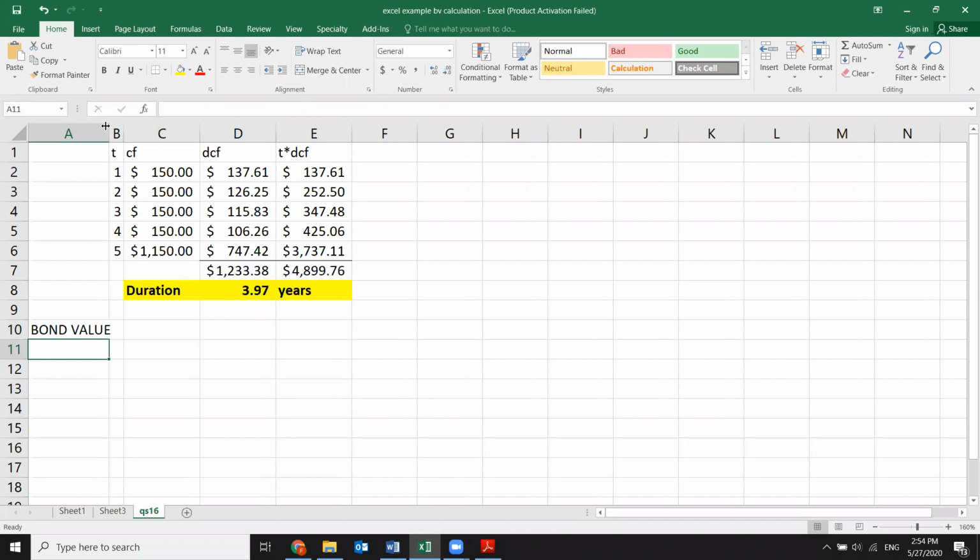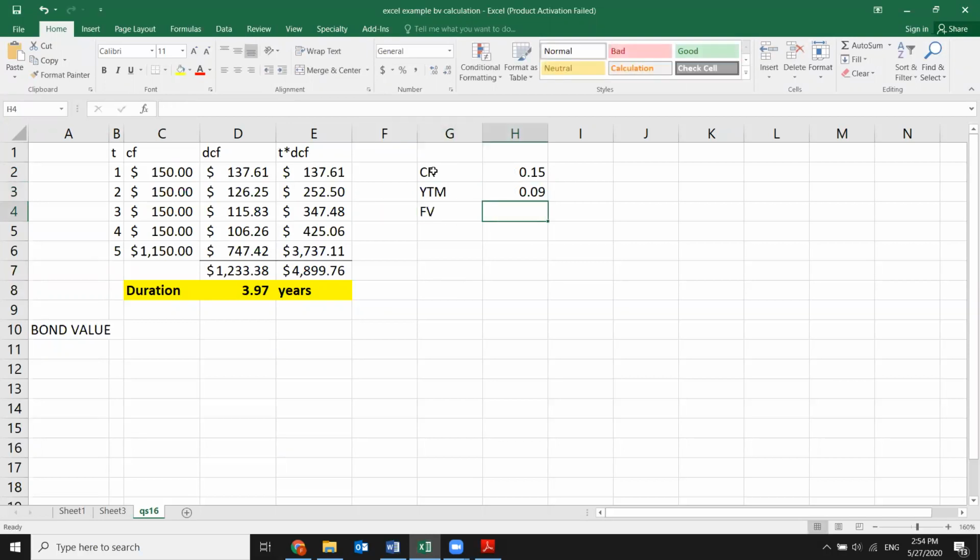So rates, let me proceed with the rates. Let me give you the coupon rate. Coupon rate is equal to 0.15, and YTM is 0.09, which is 9%.